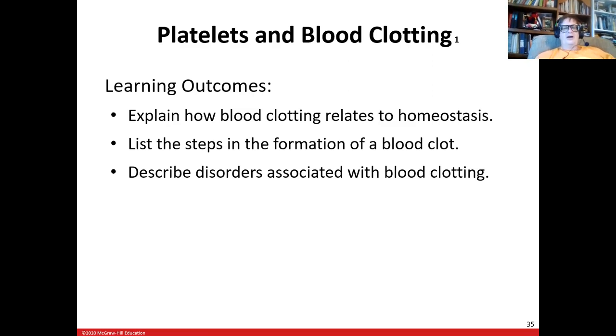So we're going to talk about how blood clotting relates to homeostasis. It's pretty simple. Clotting prevents you from bleeding out, running out of blood. That makes it better for things like delivering oxygen. We're going to go through some of the steps in the formation of blood clots and talk about blood clotting disorders. Hemophilia is the big thing.